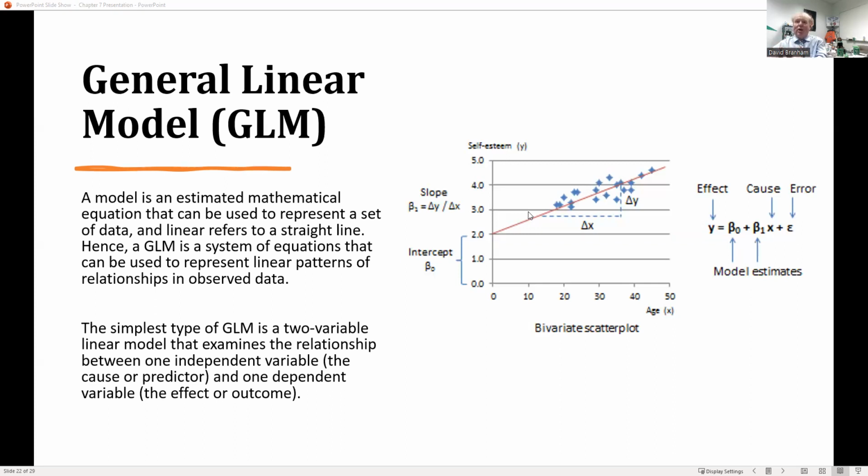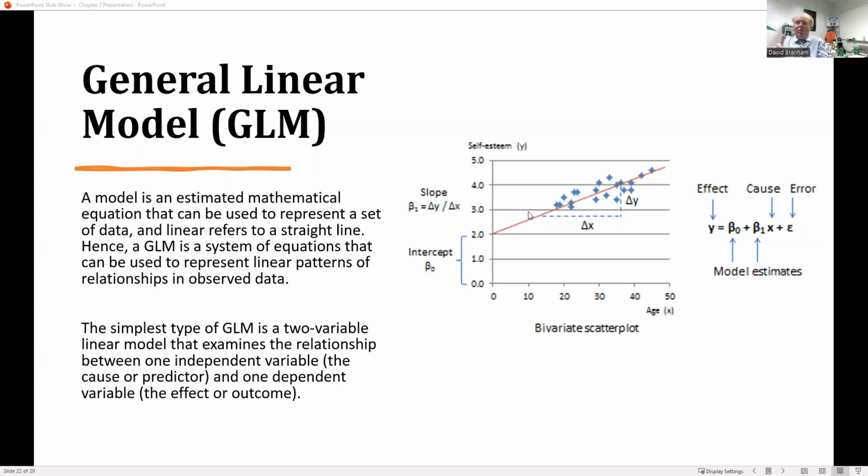The B0 is where the slope hits that y-axis. So you can look on this little chart here, and you can see that B0 is actually at 2.0. That's where the slope touches the y-axis. So it's the constant, or called the intercept, where it crosses the y-axis.